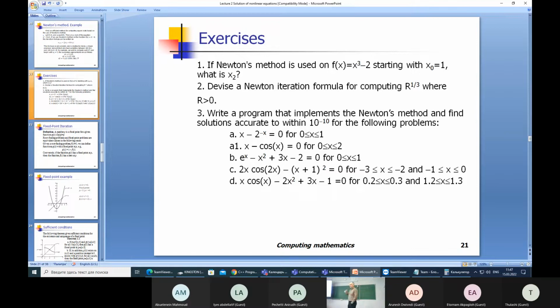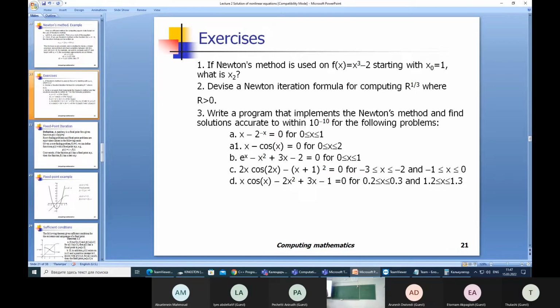This function corresponds to the value of x that equals cubic root of 2.